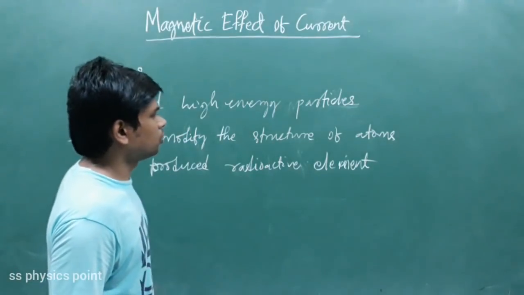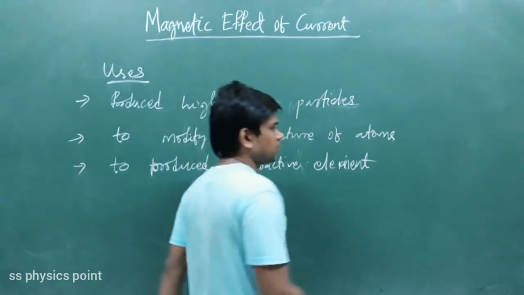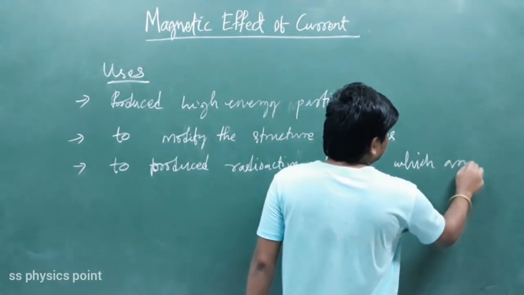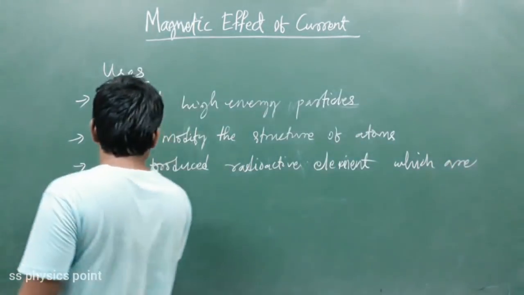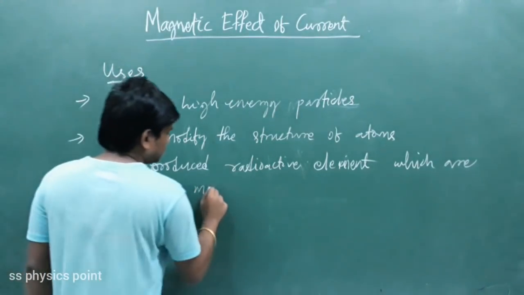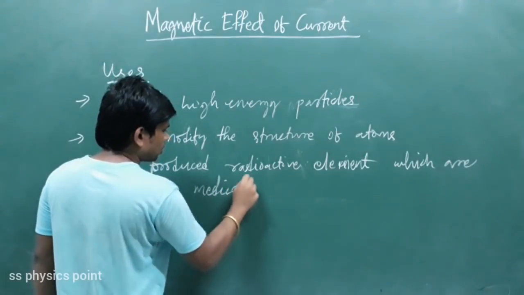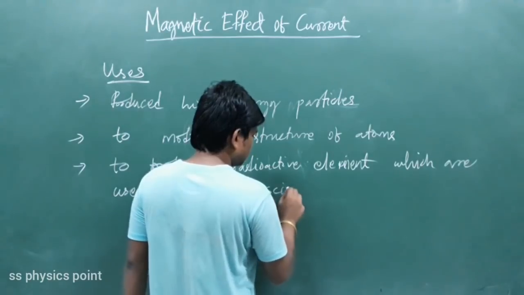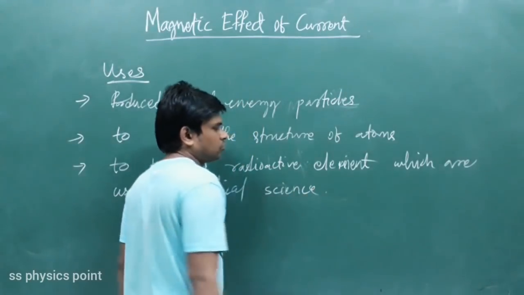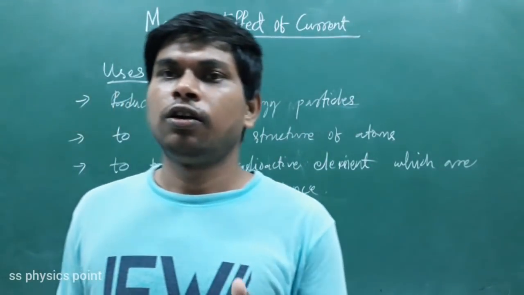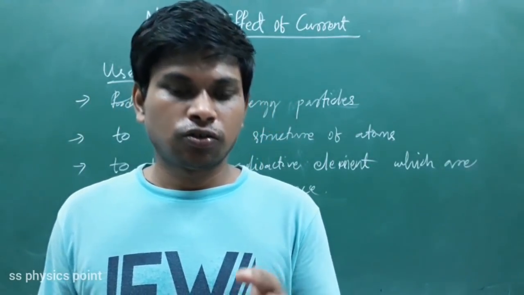It is used to produce radioactive elements which are used in medical science. Where do we use them? In medical science, we use that to treat cancer also. You have seen chemotherapy, a treatment used for cancer patients.